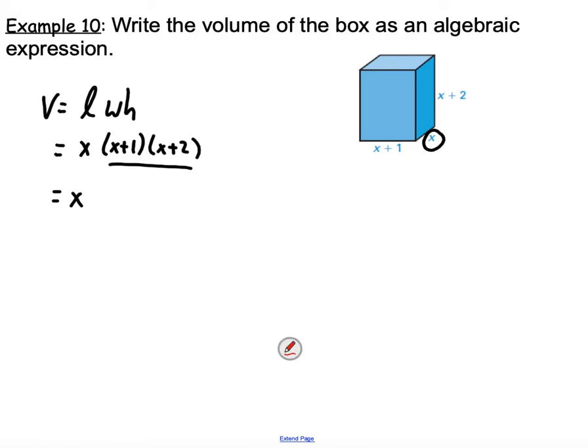Take your x and distribute it through. So x times x is x squared. x times 2 there is 2x. Now take your 1 and distribute through the second set of parentheses. 1 times x is 1x. 1 times 2 is 2. Combine your like terms.